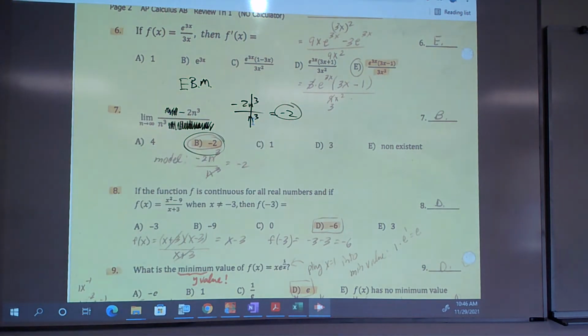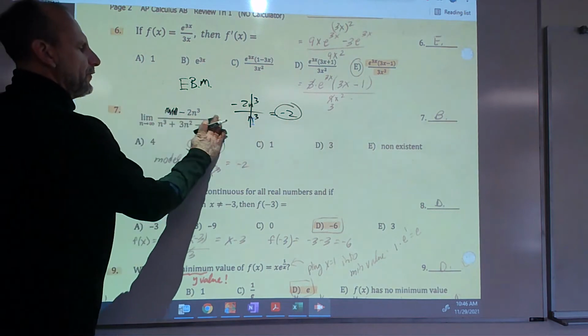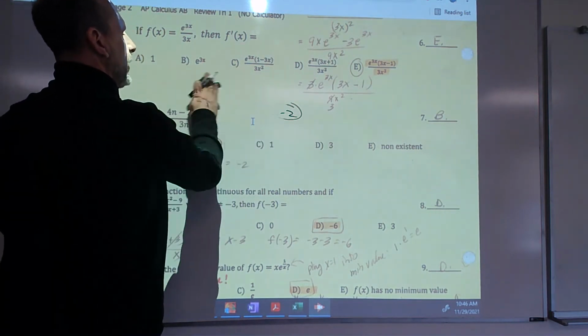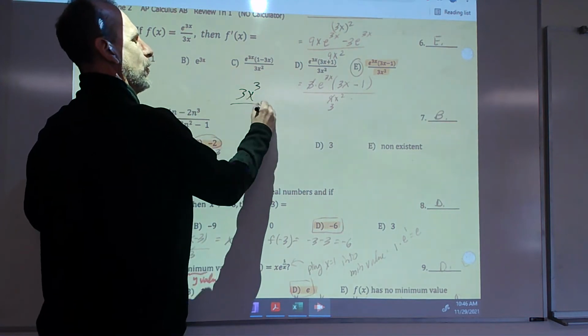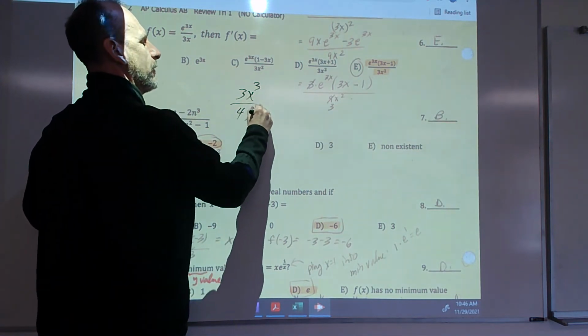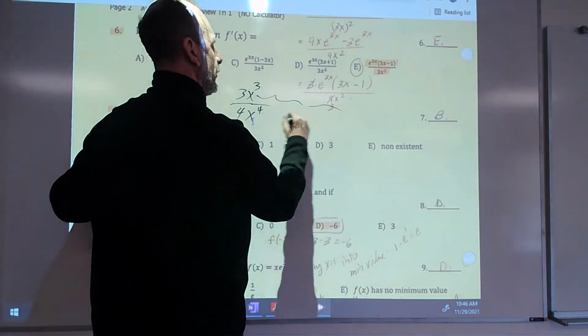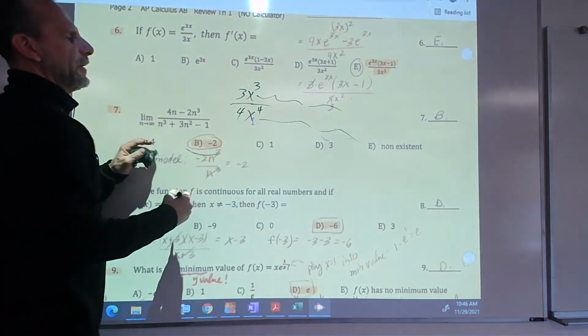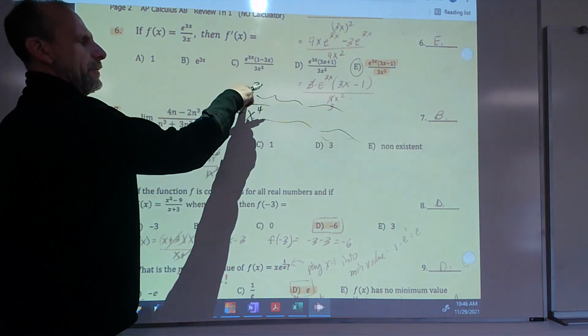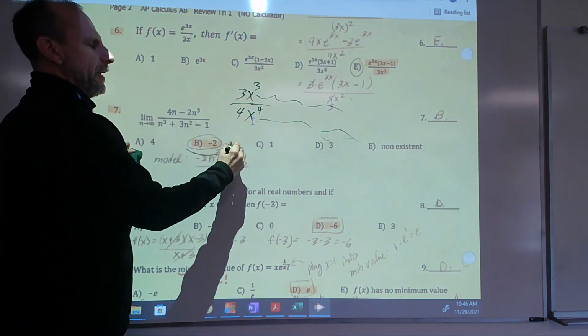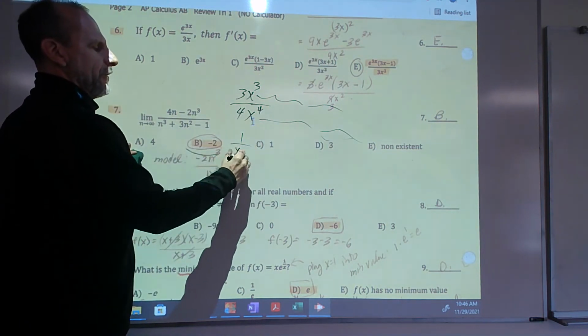Kind of remember that? Okay, now, this is what a student in my second hour said. They said, Ziegler, what if it's like this? What if it's 3x cubed over 4x to the 4th? And then all the junk. You cross off all the junk and you get to the end right here. Who's going to win? The bottom's going to win. It's going to end up being 1 over the 4 doesn't even matter.